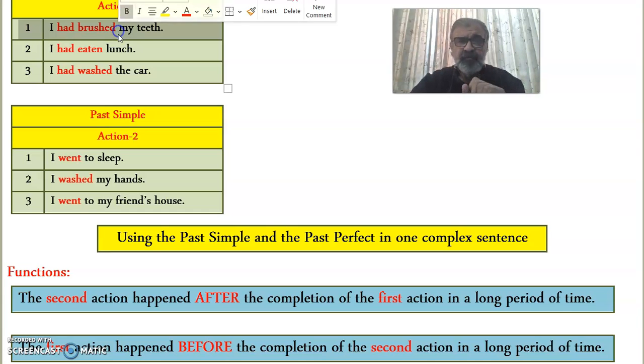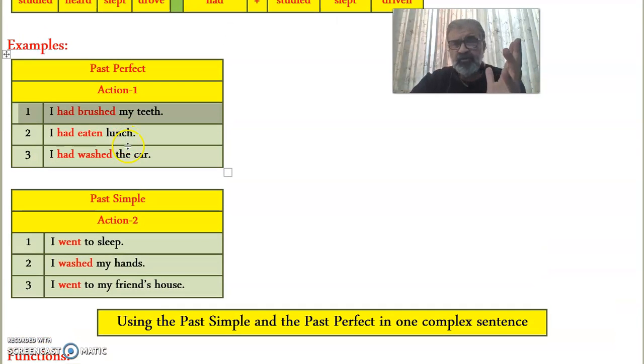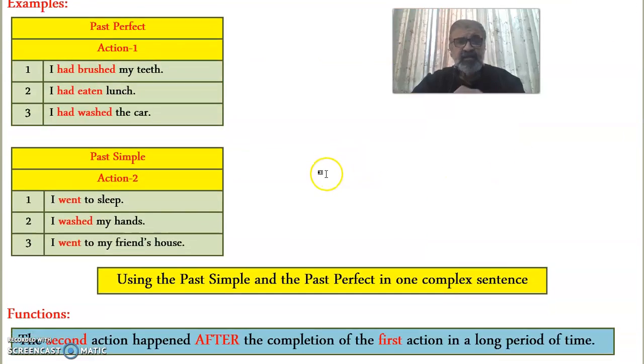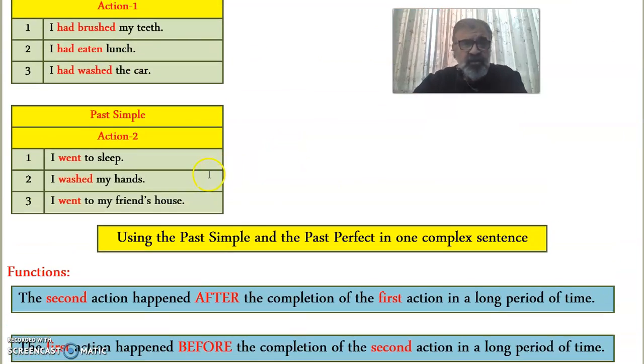This is very important because in another tutorial, we're going to use two past simple sentences in one complex sentence. And in that case, the two verbs happen one after the other, and there is only a short period of time between the first action and the second action. Okay?